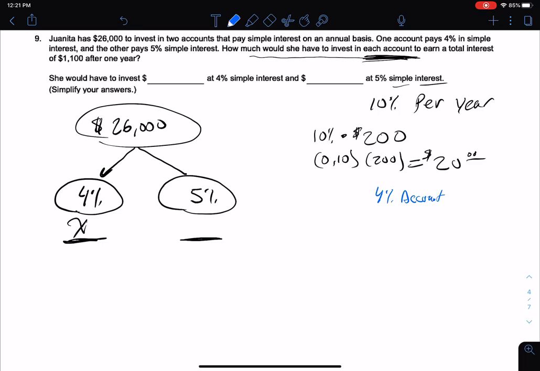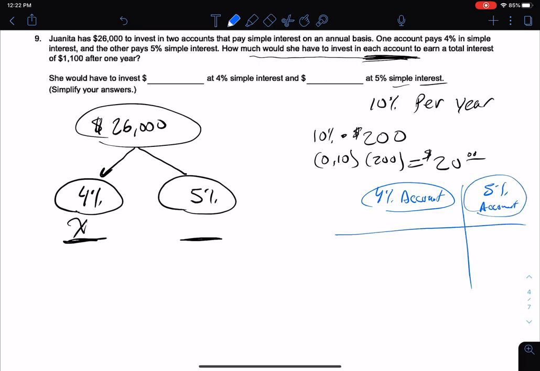This is the 4% account, and then this is the 5% account. Darn it! I need more space there, and I just scrunched it over too much.